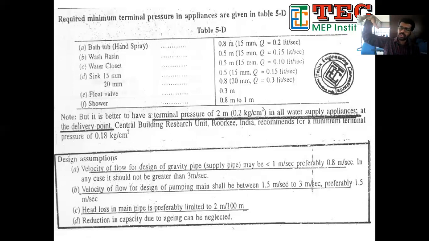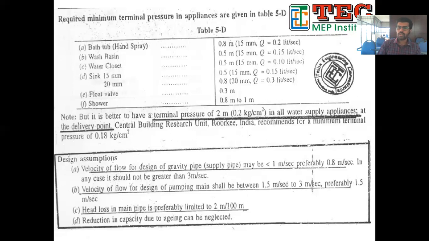If you are giving water by gravity pipe, the supply pipe velocity should be less than 1 meter per second, and preferably you can take 0.8 meter per second.